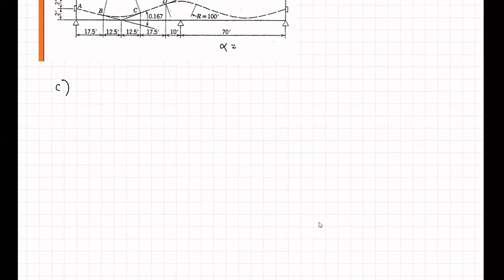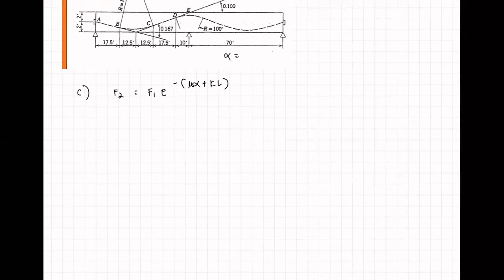so ang value ng F2 natin ay equal sa F1 E raised to mu alpha plus K alpha, KL. Okay? So ito yung kaninang na-derive natin mula dun sa derivation natin dito.